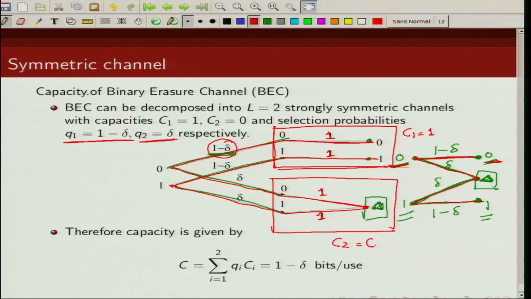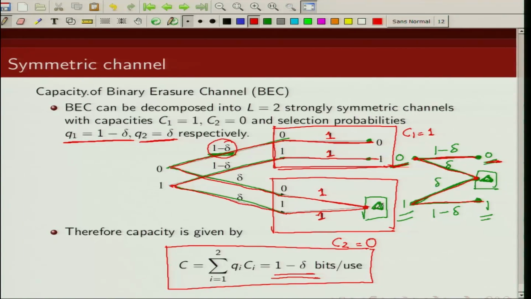So, the overall capacity of this particular strongly symmetric channel is 0. So, the overall capacity is the selection probability of this channel, which is 1 minus delta, times 1, plus delta times 0. So, the capacity of a binary erasure channel is 1 minus delta bits per second. So, capacity is basically given by this.